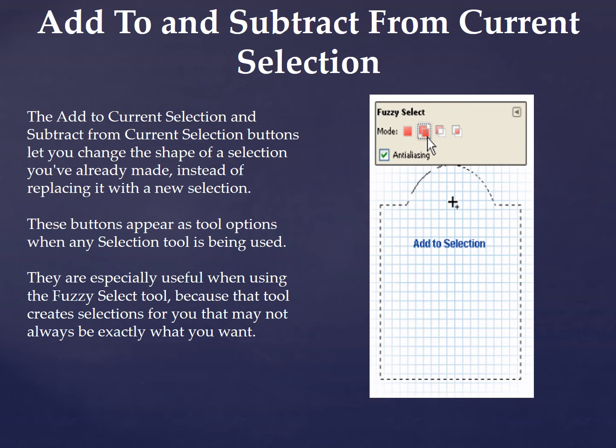These buttons appear in the tool options when any selection tool is being used. They're especially useful when using the fuzzy select tool because the tool creates selections for you, and that may not always be exactly what you want.